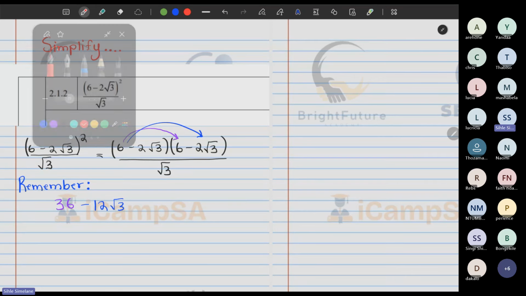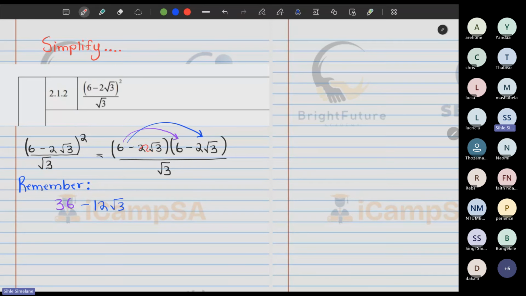Right, then let's go for the red. We take this term, we multiply by it there. What do we get, guys? Anyone? Should be very easy, guys. 2 by 6. Negative 12 square root of 3. Yep, negative 12 square root of 3.